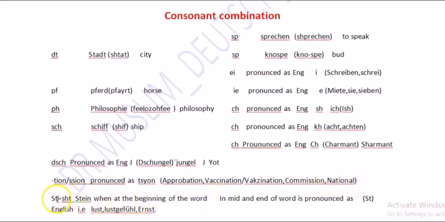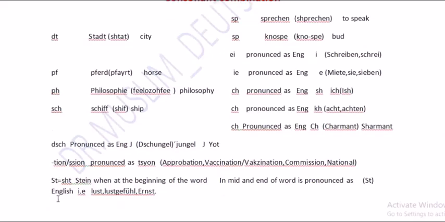And the next one is st. When st comes at the beginning of a word, it is pronounced as sht. For example, Stein. Stein means stone. When it comes in the end of a word, then it is pronounced as st, not sht.